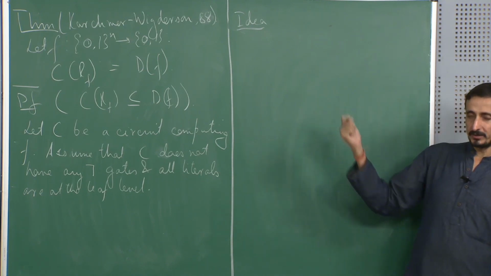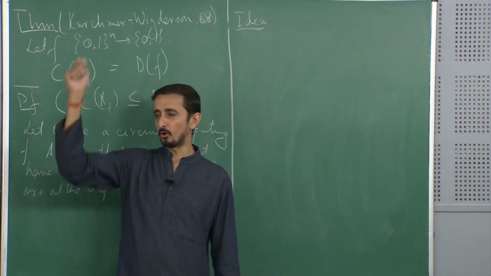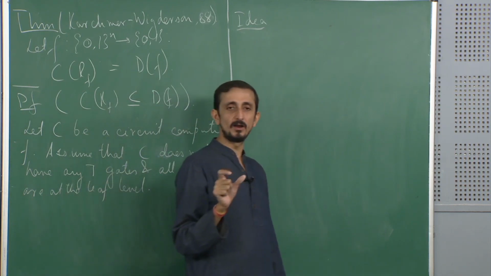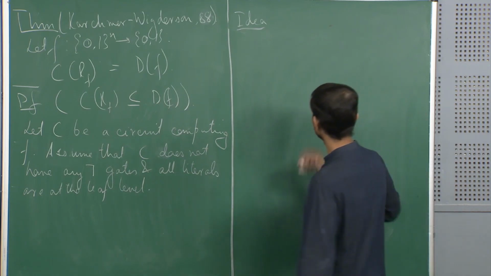Alice and Bob would in some sense agree on a path from the root all the way up to a literal, such that on that particular literal X and Y differ. Okay.